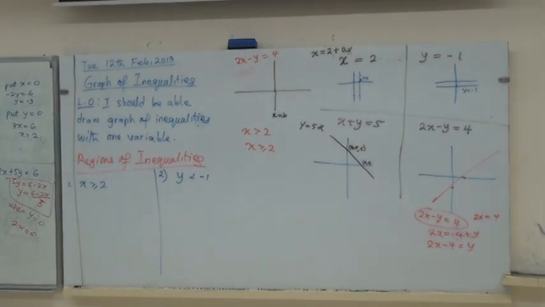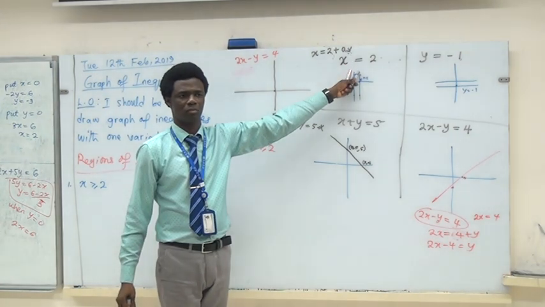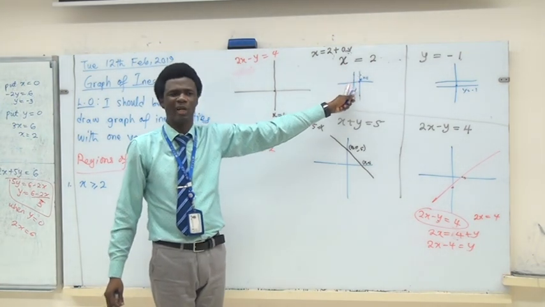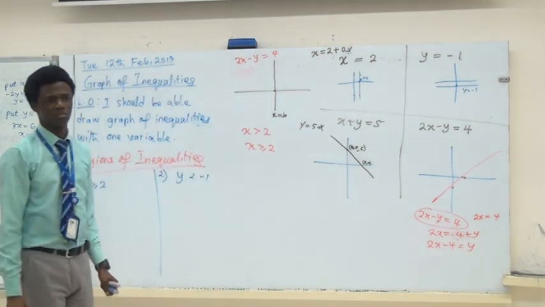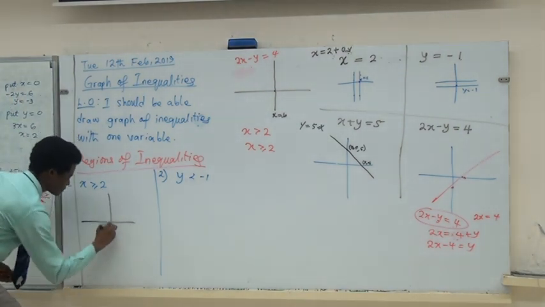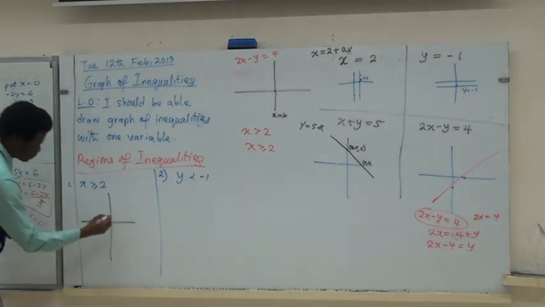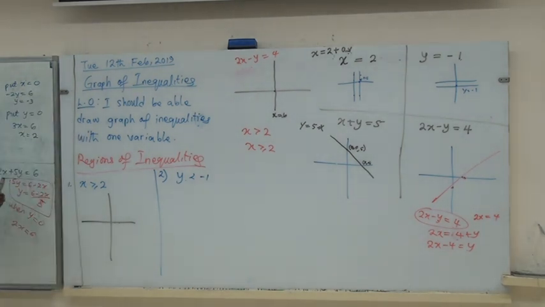The first thing you need to do, pretend your inequality symbol is equality. If I pretend this is not greater than and I pretend it's an equal sign, then I'm talking about this same question. Do you agree with me? Yeah. So you start from the knowledge of this line, which means on your xy coordinates, look for the point where x is 2. This is the point where x is 2.